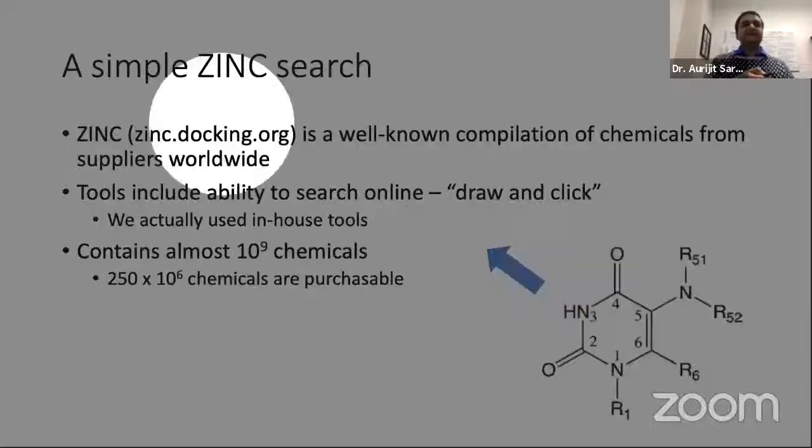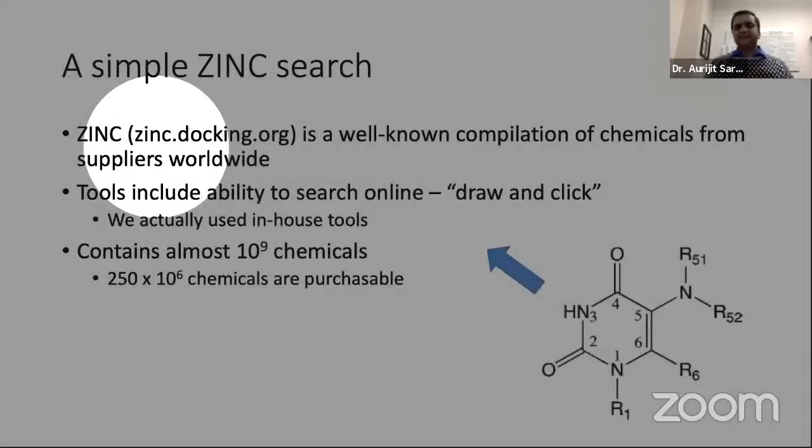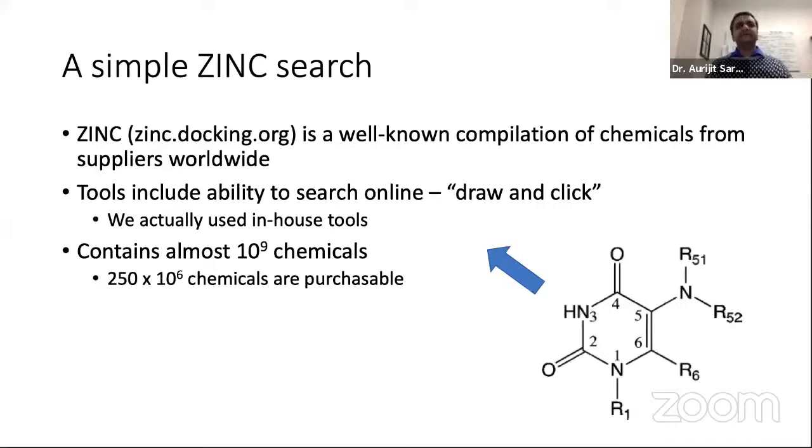on the Zinc database, I don't know if you know about the Zinc database or not, but it's a publicly available database which is maintained by UCSF, University of California at San Francisco. Most of the chemical vendors always submit their chemicals to Zinc because most people in the entire world can actually run their searches on that database and find chemicals from multiple vendors, and they can purchase them from the vendors and test it in-house.